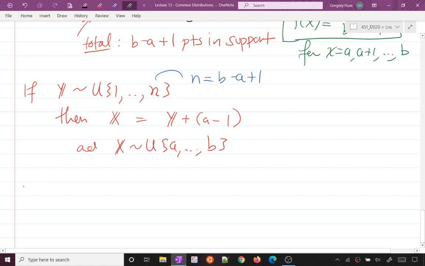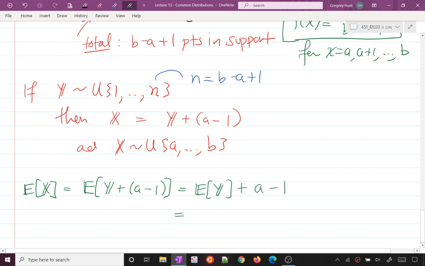What about the expected value? The expected value of x would be the expected value of y plus a minus 1, where y is uniform on 1 to n. And we know by our rules this is just the expected value of y plus a minus 1.